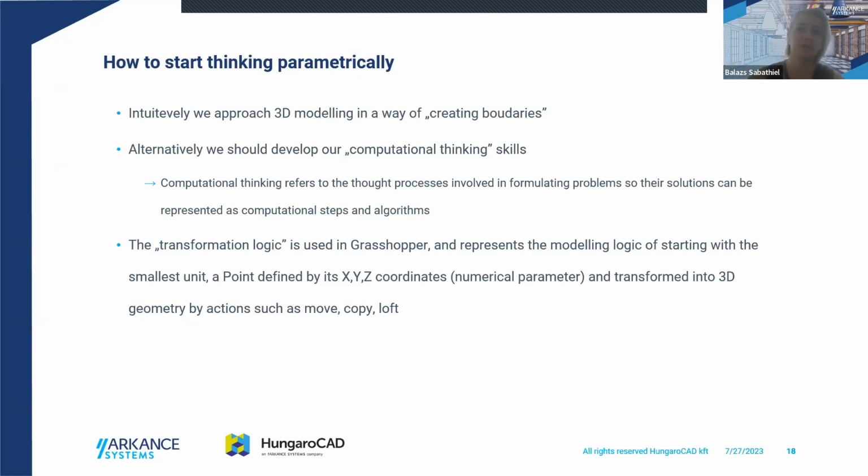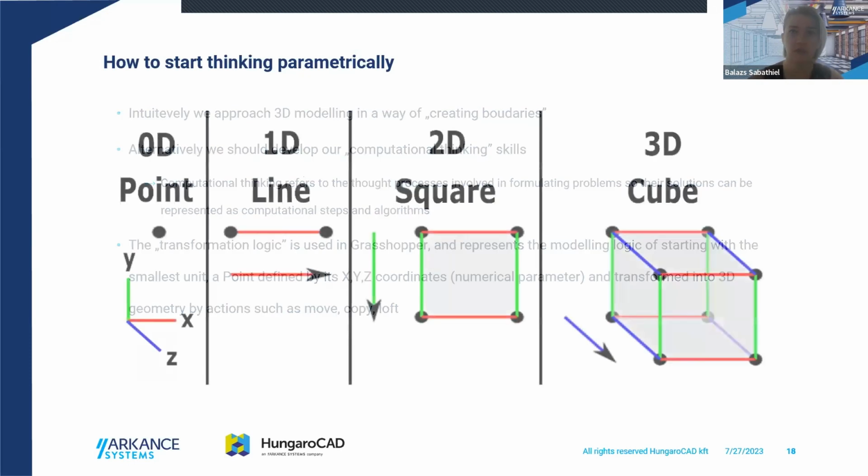So you start with a point, which is defined by X, Y, Z coordinates. These coordinates are numerical parameters. So you define the point with these numerical coordinates, and later you use some actions to transform it into a 3D object, like using move or copy or these kinds of actions.